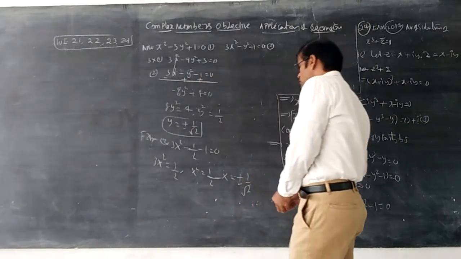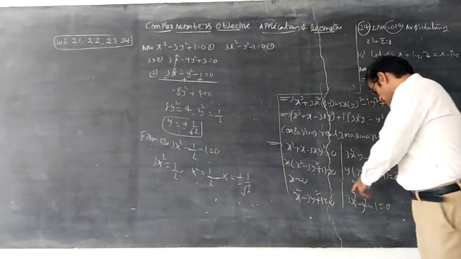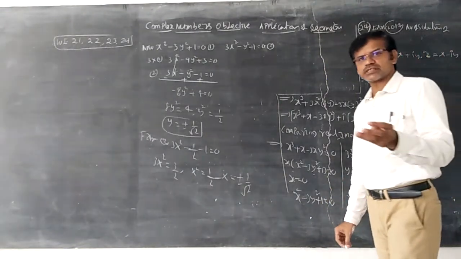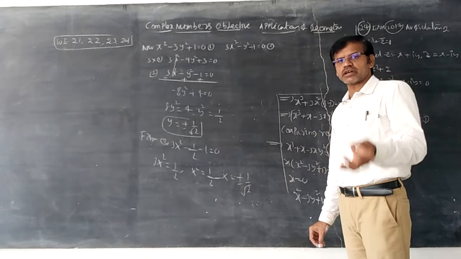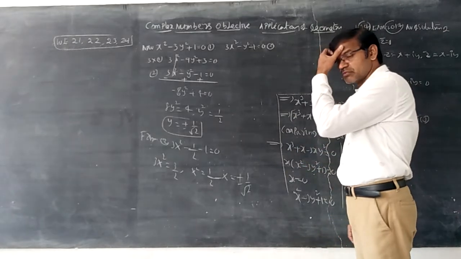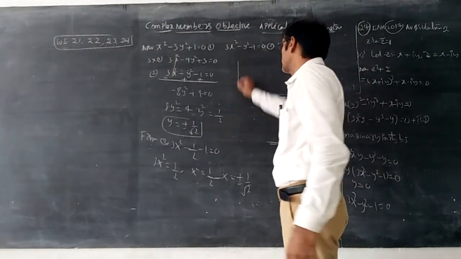So the total solutions: x is equal to 0, y is equal to 0; then x is equal to 1 by root 2, y is equal to 1 by root 2; x is equal to minus 1 by root 2, y is equal to plus 1 by root 2, like that. How many solutions are there?